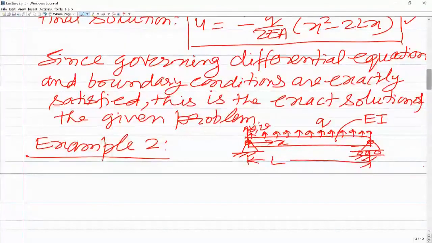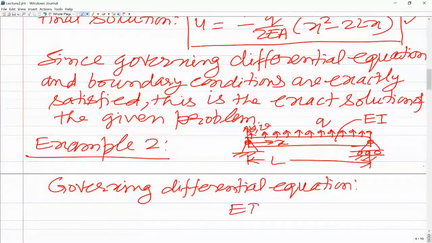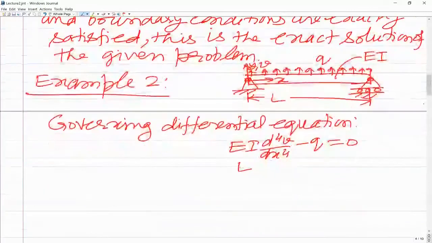The governing differential equation, based on the Euler-Bernoulli beam assumption, is EI d^4v/dx^4 minus q equal to 0. Here I am assuming that EI and q are constant along x.